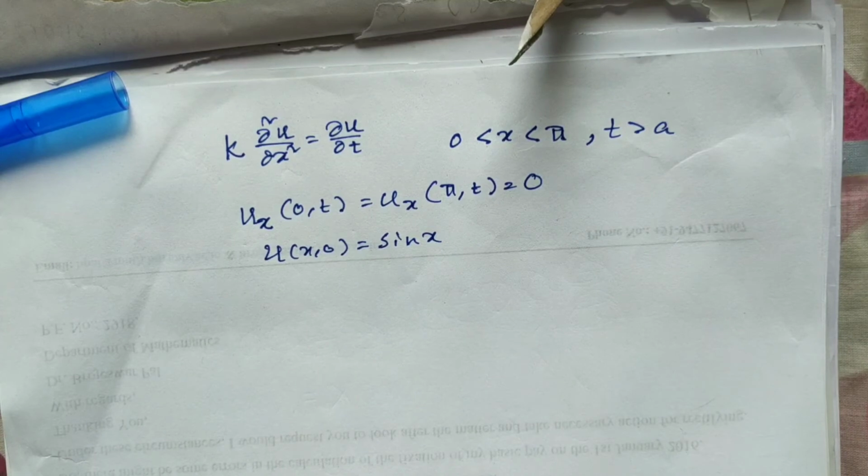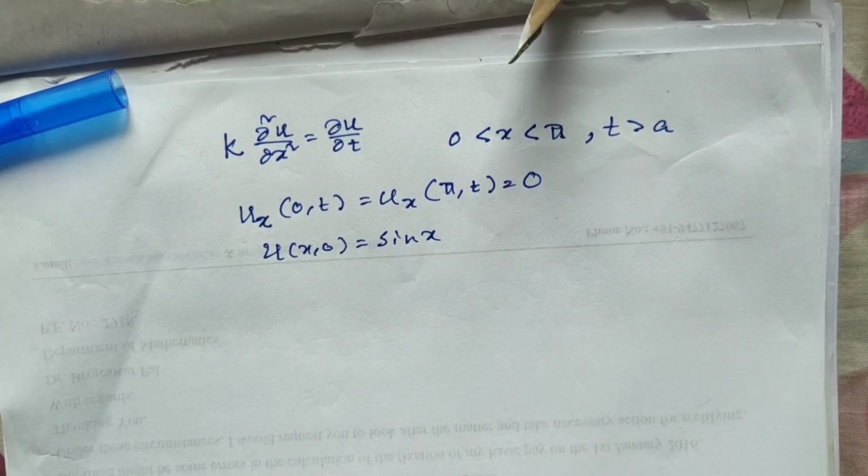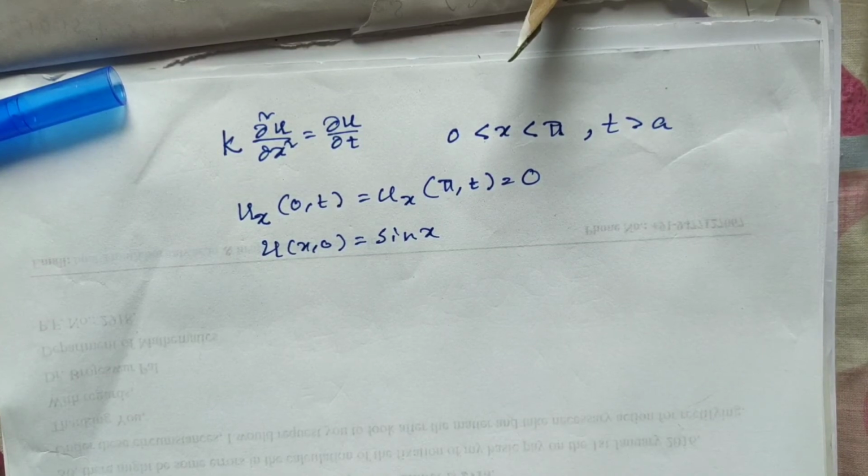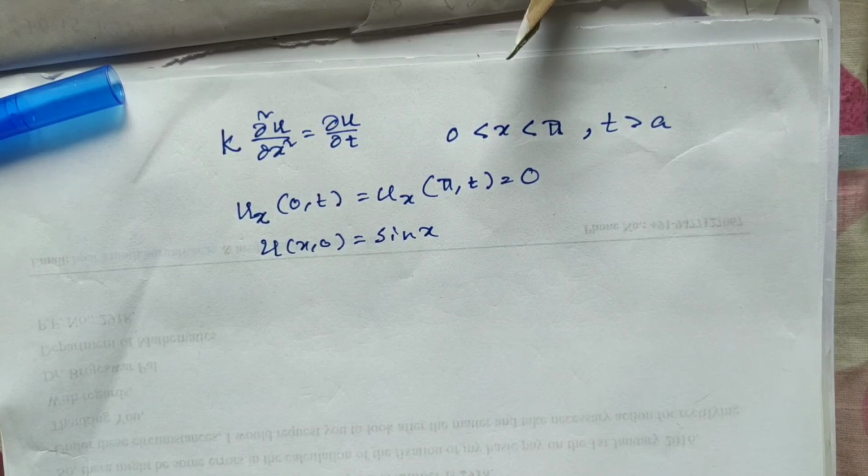So let us start. So see, the simple fact is you have to take that solution again, the whole problem, like u(x,t) is equal to capital X of small x and capital T of small t, etc.